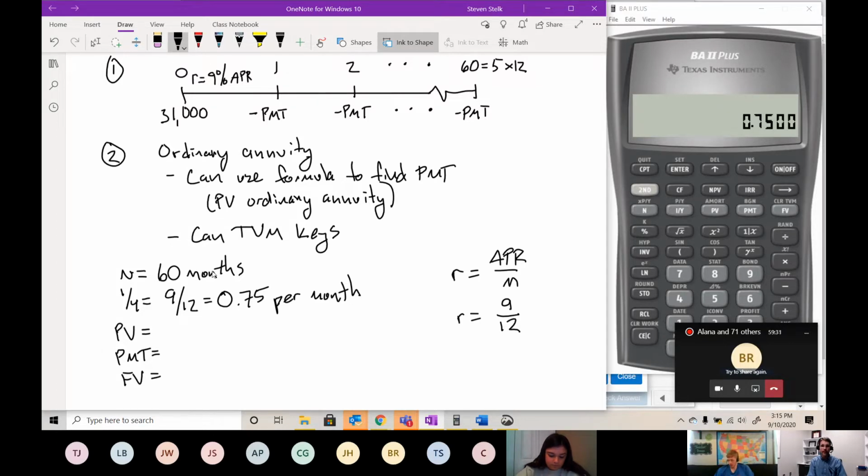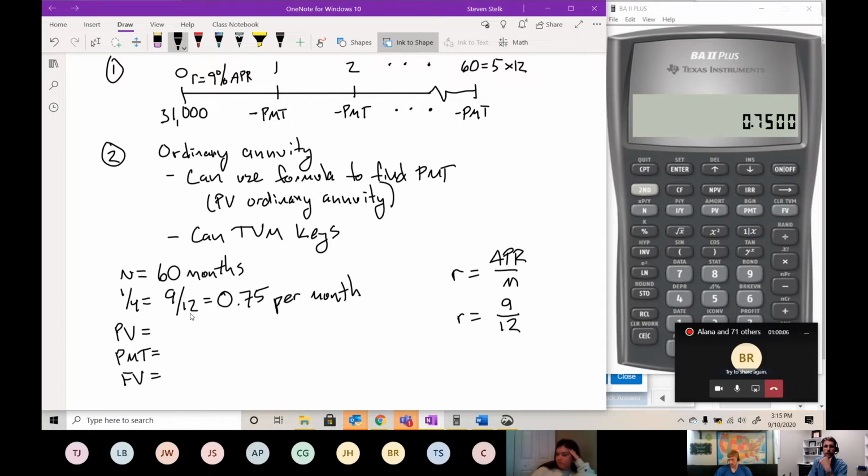So if we've got the number of months on N, we need the monthly effective rate on I over Y. If we've got annual payments like we had all through Chapter 3 and Chapter 4, then N is the number of years, and we want the annual effective rate on I over Y. Now, if there's only one compounding period per year, this effective periodic rate, the APR divided by M, well, if M's only 1, then the APR and R are exactly the same. There's no difference between the two. It's just if we have more than one compounding period per year that we have to worry about it.